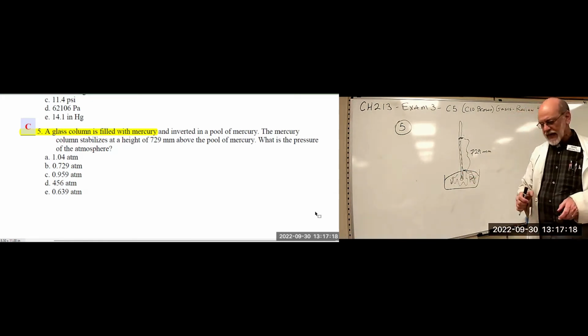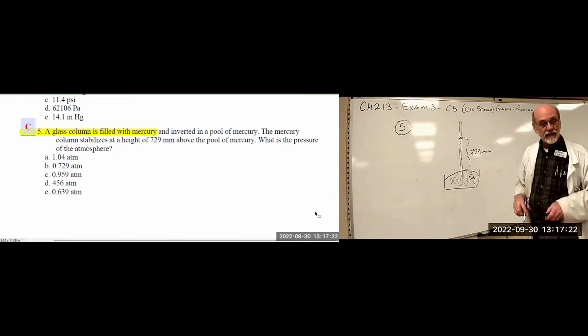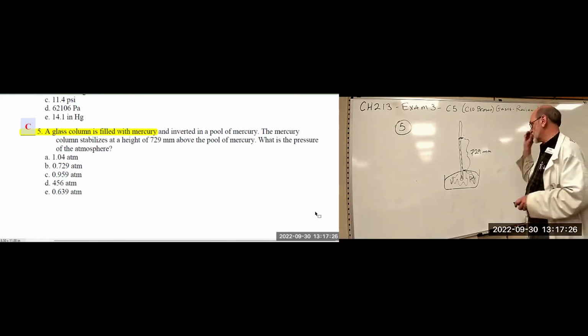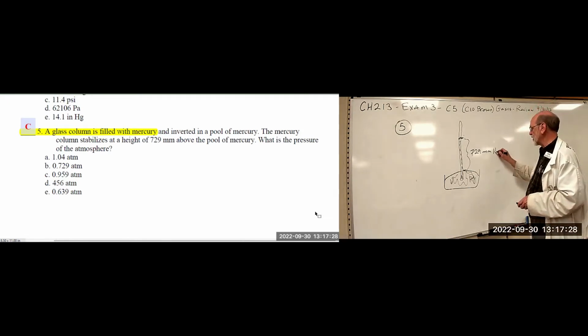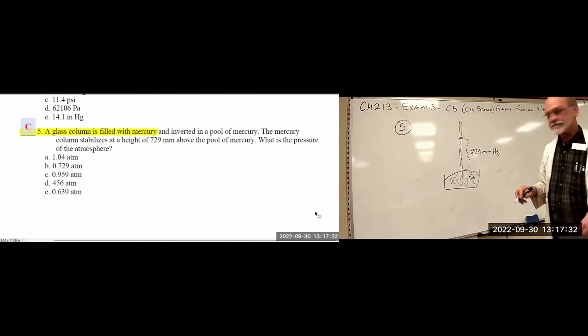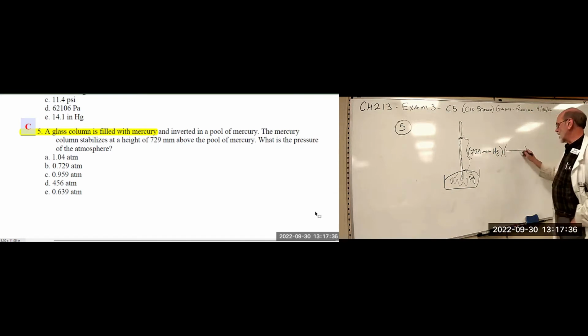What's the pressure of the atmosphere? And what units? The units are in atmospheres. This is in millimeters of mercury. So you got a unit conversion problem here. Okay. So we're going to take this and make atmospheres out of it. So how many millimeters of mercury per atmosphere?